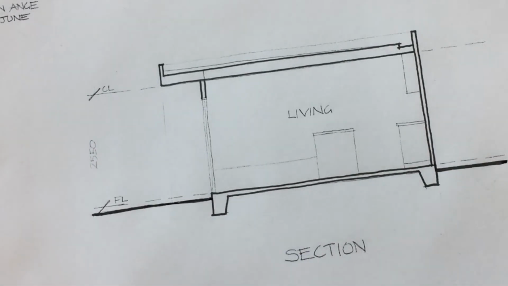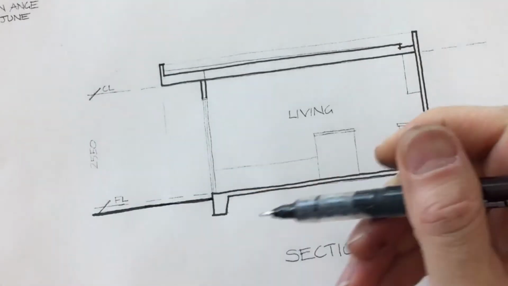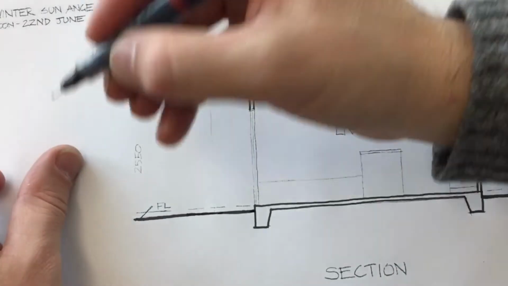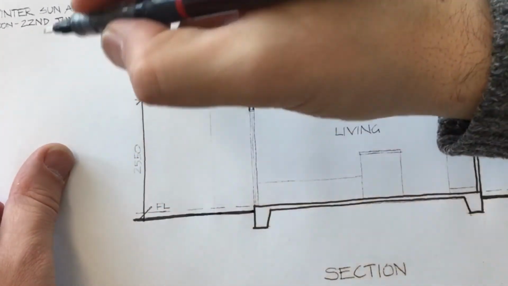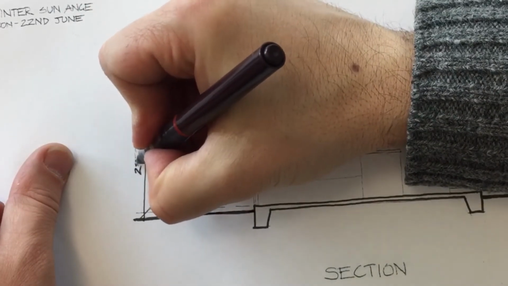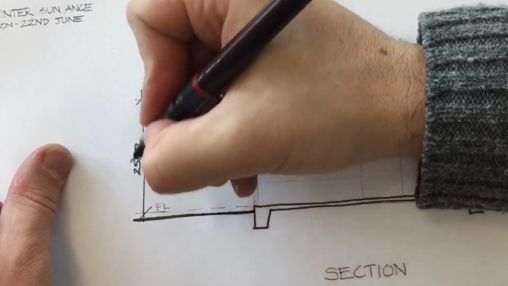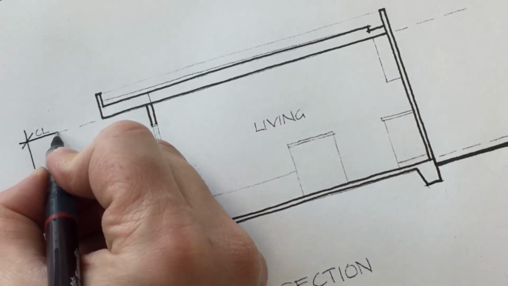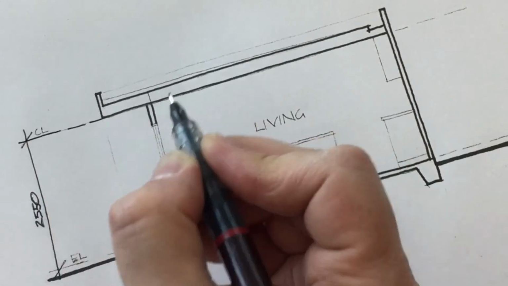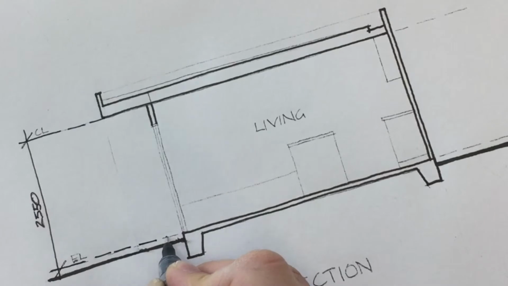Okay. And the next thing we're going to do is then put in all the detail. So out with a 0.3. So you could use a 0.2 if you have one, but this is all I have. So I'm just going to go in and put all this detail in. So again, we've got floor lines.